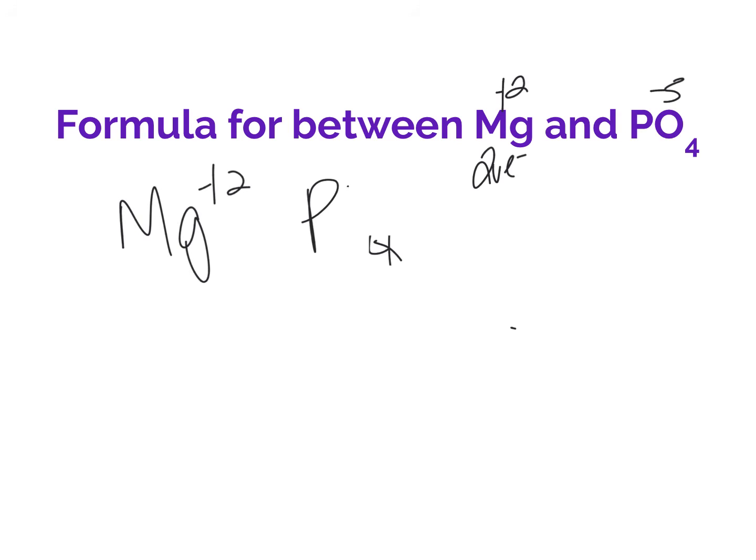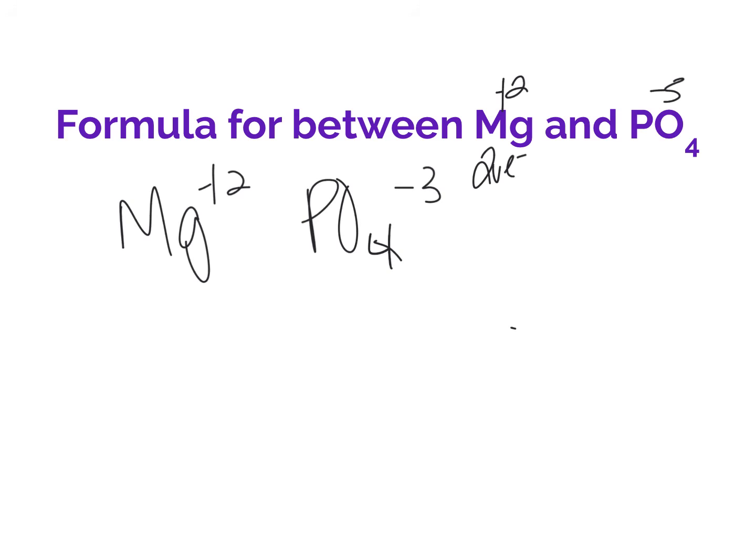Go ahead and do Mg and PO4. So magnesium, if you look on the periodic table, has 2 valence electrons, which means it's going to lose those 2 and create a +2 charge. PO4 is on the back of the periodic table. That's a polyatomic. It's going to be a -3 charge. So we have Mg +2, PO4 -3.